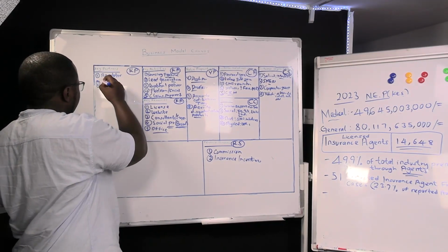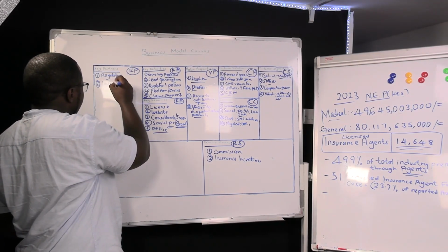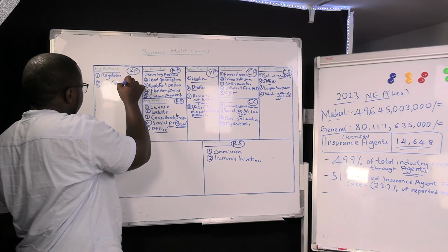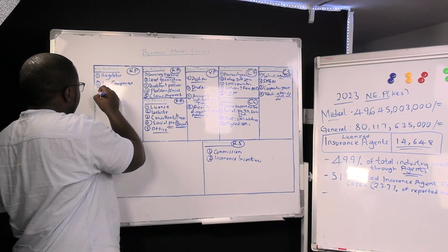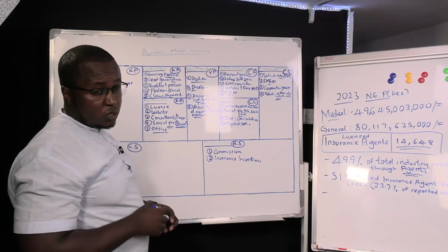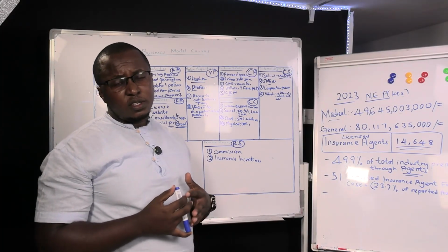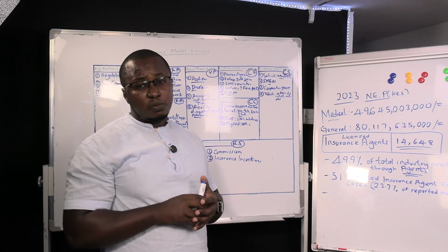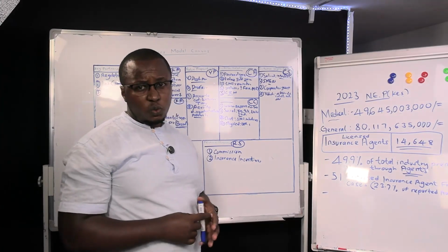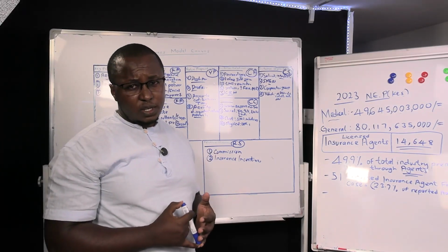Next key partner is the insurance companies. As an insurance agency, you need reliable insurance companies as the service providers for the specified insurance products which you intend to sell at any particular time.